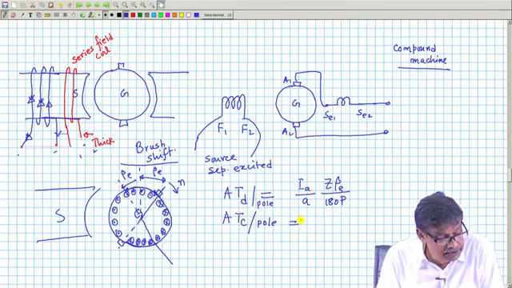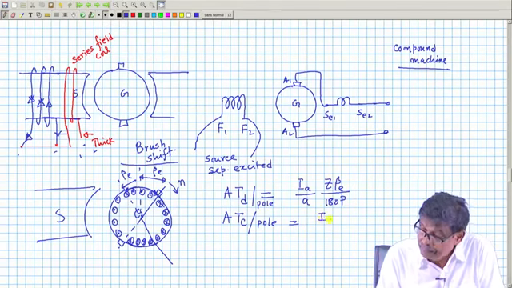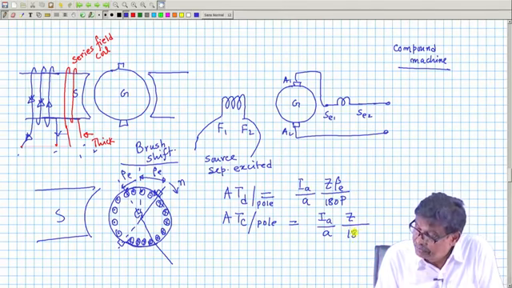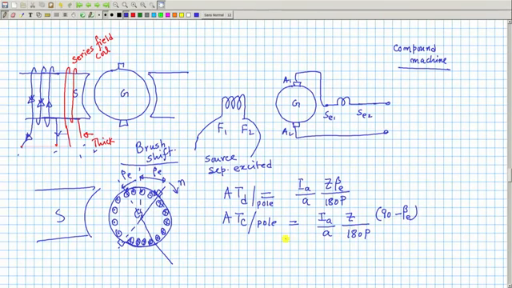This formula I have also got: cross magnetizing ampere turns per pole is equal to how much? I got it as I A by A into Z by 180 P into 90 minus beta, that is what we got last time. Now, let us come to this problem.